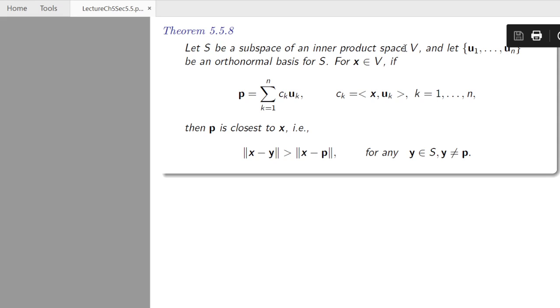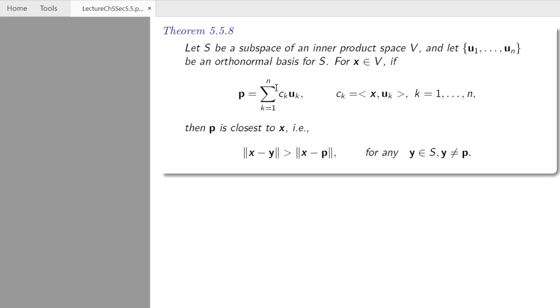We assume V is an inner product space, S is a subspace of V, and this set is an orthogonal basis for subspace S. We consider vector X belonging to the inner product space V. Assume P can be written as a linear combination of U1, U2 to Un. This means P belongs to the subspace S.